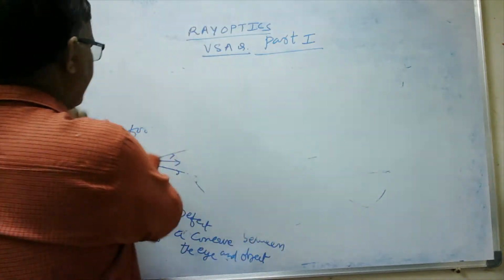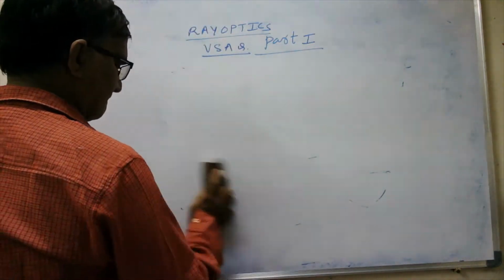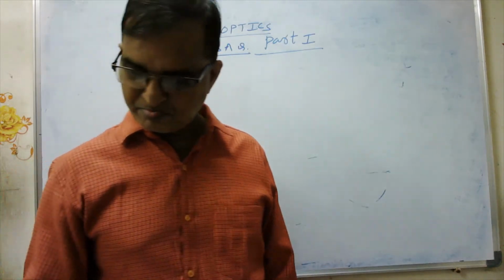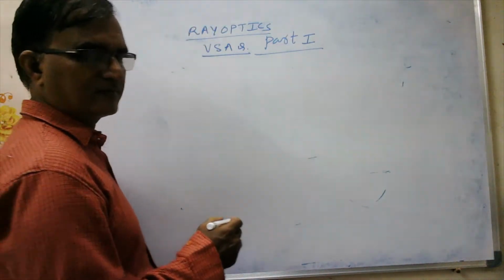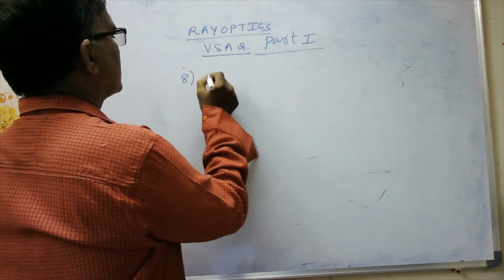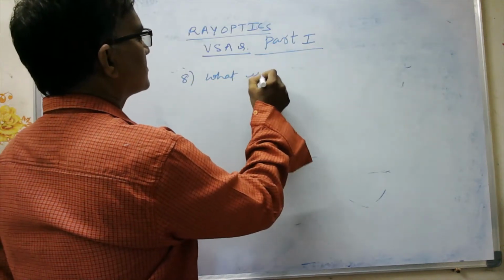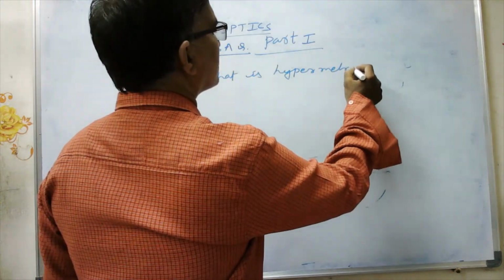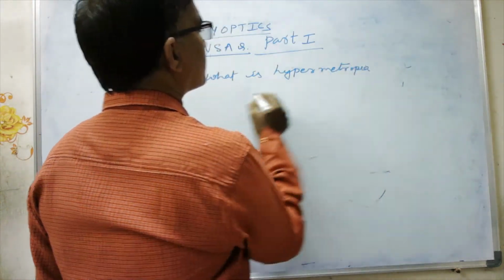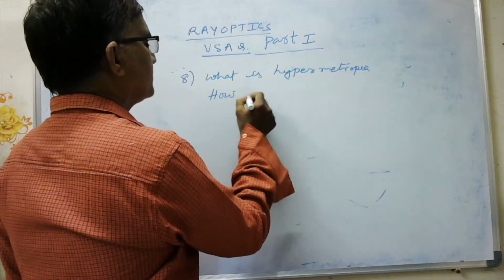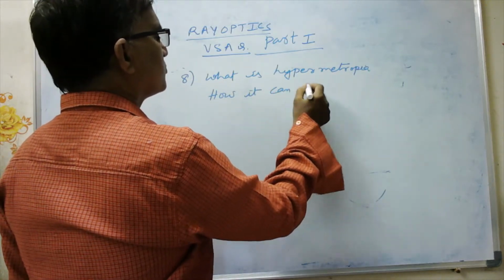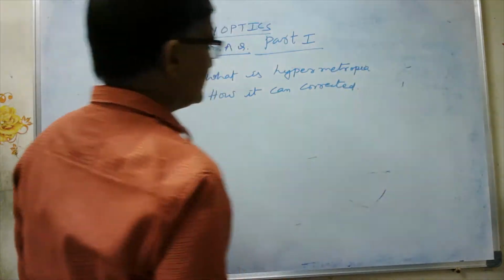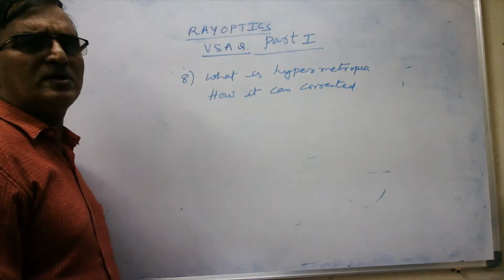Next we have got hypermetropia. What is hypermetropia and how can it be corrected? Here, in this case, what happens is the image forms behind the retina.